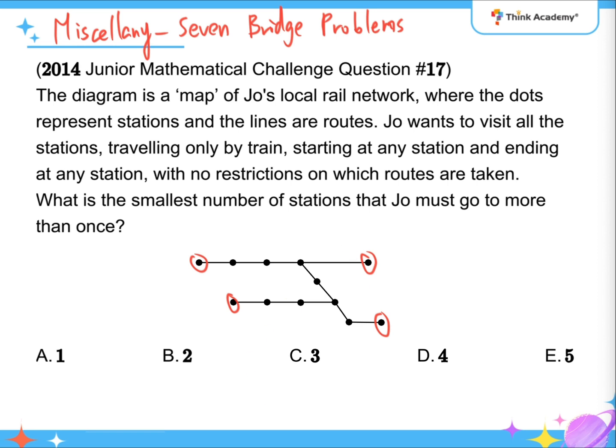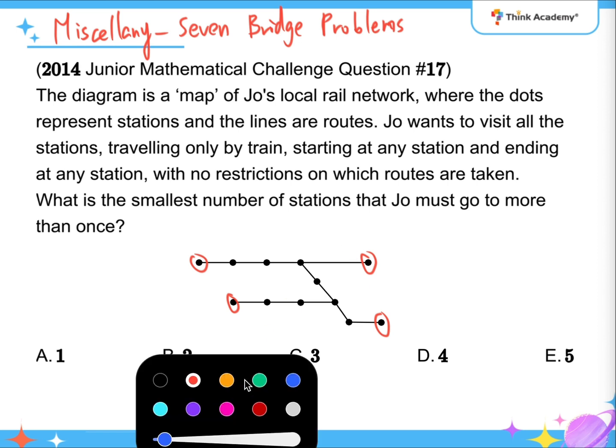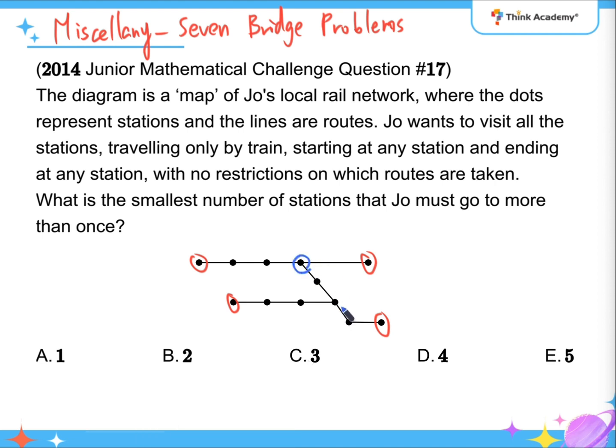But then we can see that there are 2 of these nasty points, which are these 2, where both of them are connecting 3 of the lines, which means that they would be at least revisited once.